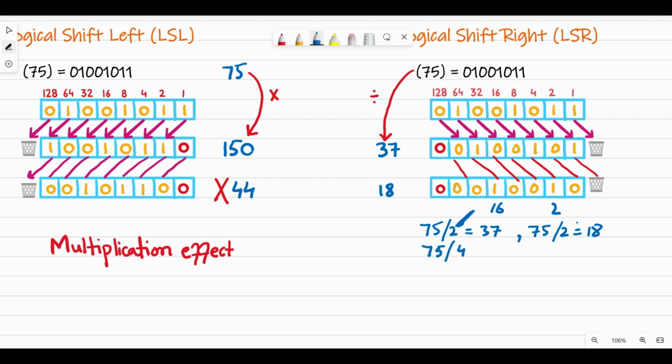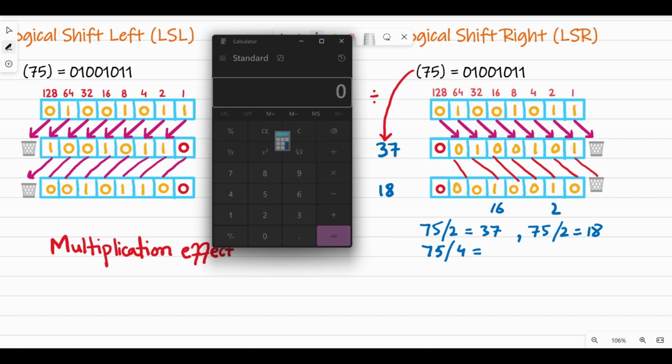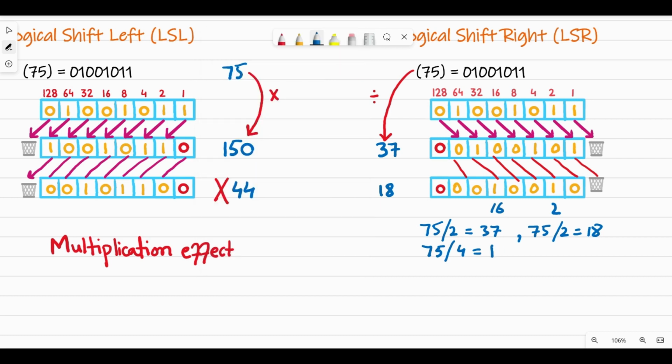So this 2 and this 2 will sum up to make it 4. I'll prove it with the calculator. 75 divided by 4 is 18. We'll just simply discard the decimal part, and it's 18.